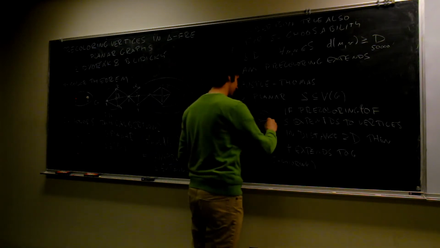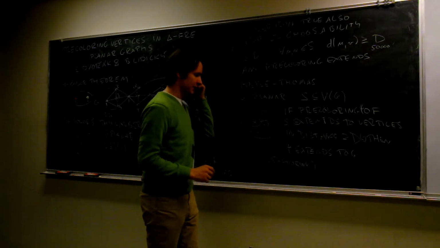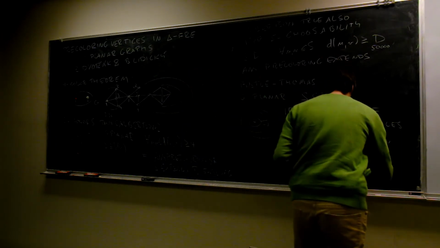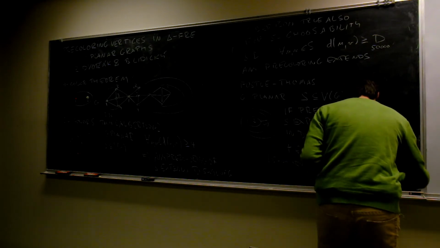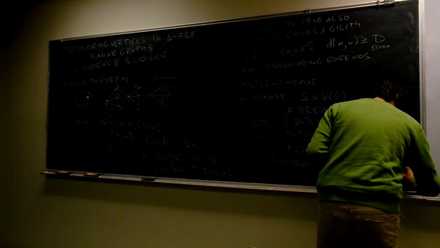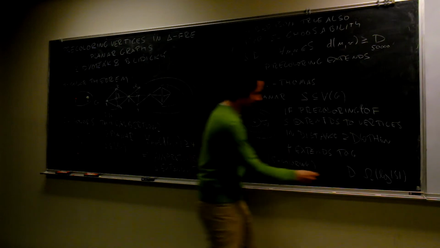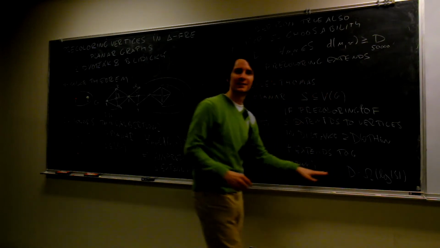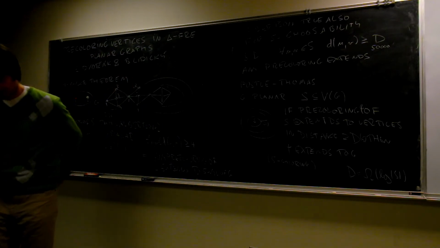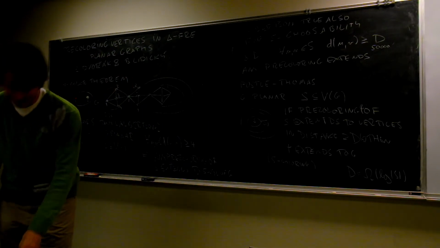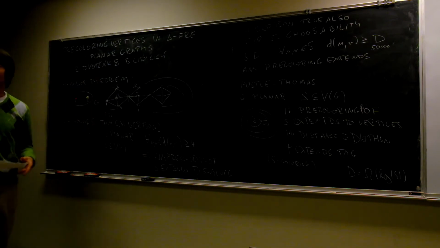So the D is actually a function of S. The D depends on S in the sense that D is the log of the size of S. So if you have the size of S and you take the logarithm of it, that's the distance that you need. If you have this distance, everything extends. Okay. So that was what happens with the 4-color theorem if you try to do 5-colorings.